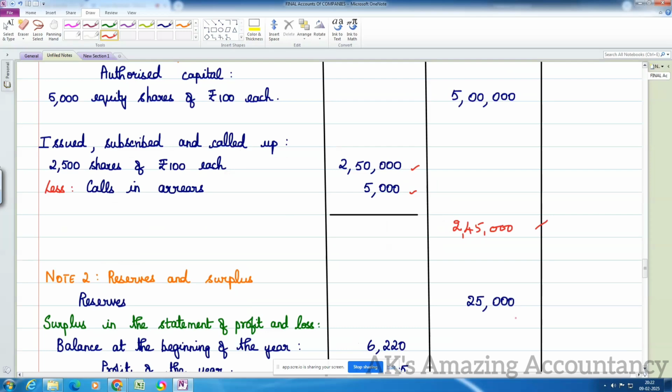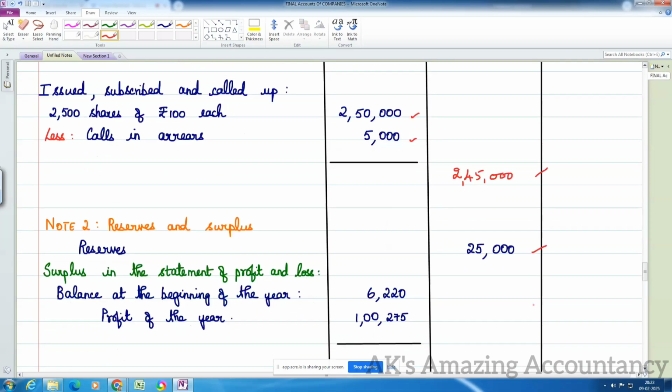So as I told you, 25,000 is reserves, and then the balance at the beginning of the year, which was already given to us in the problem, 6,220. And then when we prepared the profit and loss account, we had a profit of 1 lakh 275 as the answer in the statement of profit and loss.